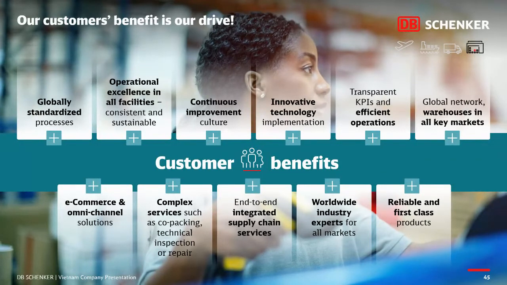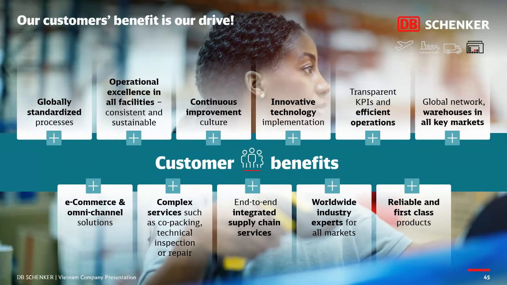And of course, we can also provide the e-commerce channel for customers, and we can provide complex services inside the warehouse, like labeling, sorting, everything. And of course we can also offer end-to-end service for customers.